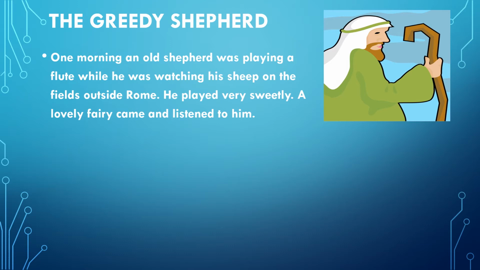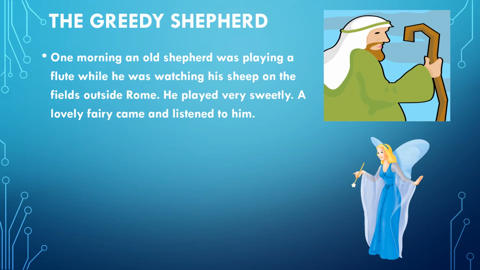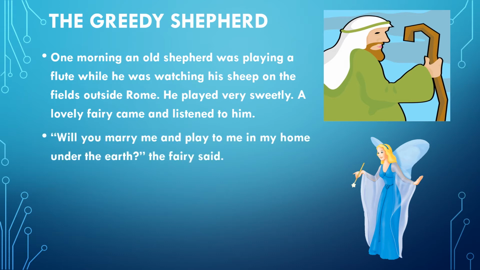One morning, an old shepherd was playing a flute while he was watching his sheep on the fields outside Rome. He played very sweetly. A lovely fairy came and listened to him. "Will you marry me and play to me in my home under the earth?" the fairy said.